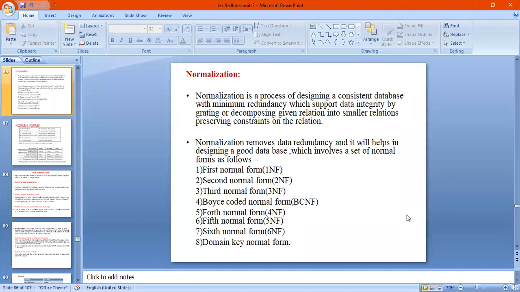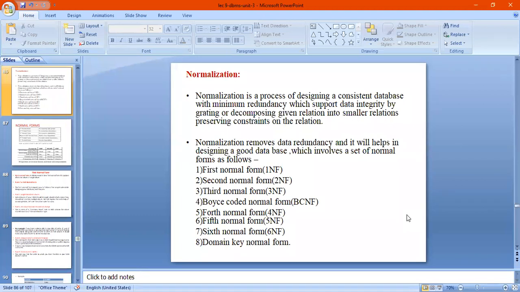The normal forms are addressed below. First normal form, second normal form, third normal form. We have gone through these normal forms in our laboratories. Next, Boyce-Codd normal form, fourth normal form, fifth normal form, sixth normal form, and domain key normal form.